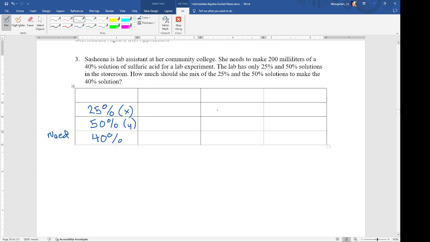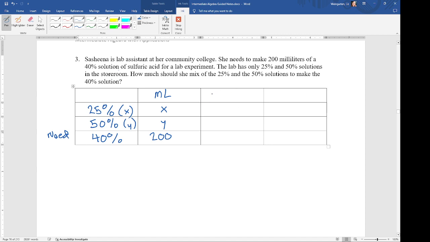Every single time. So let's see. We need to have a total of 200 milliliters of the 40% solution. So I'll put milliliters up here. We don't know how much of the 25%. We do not know how much of the 50%.